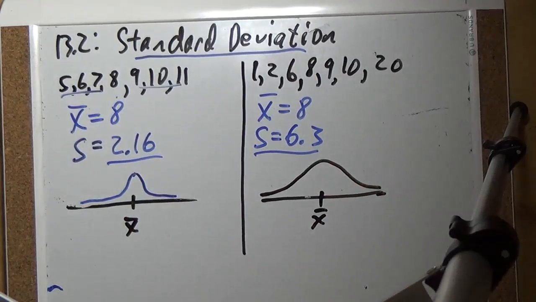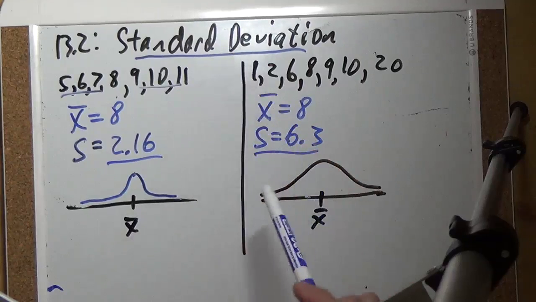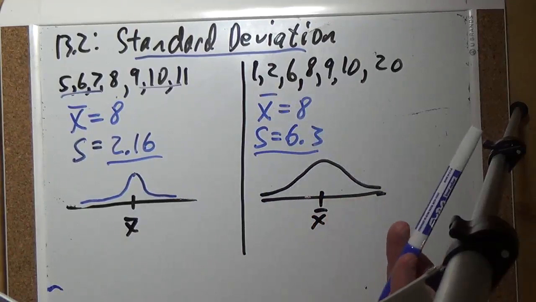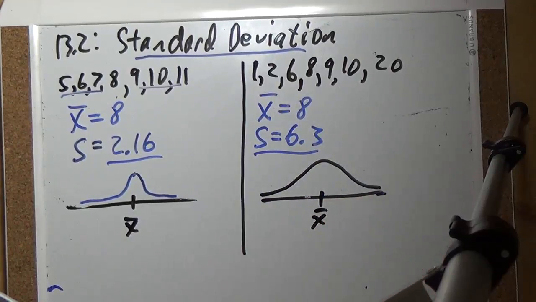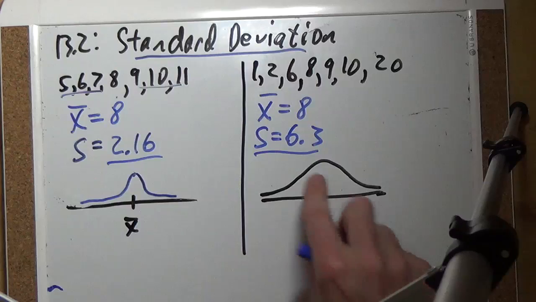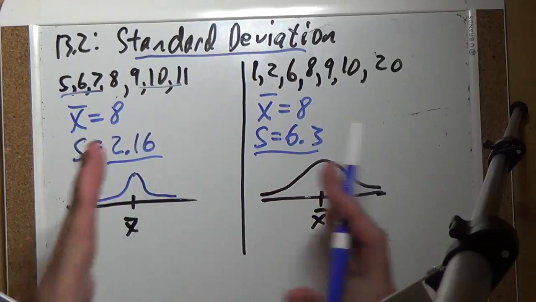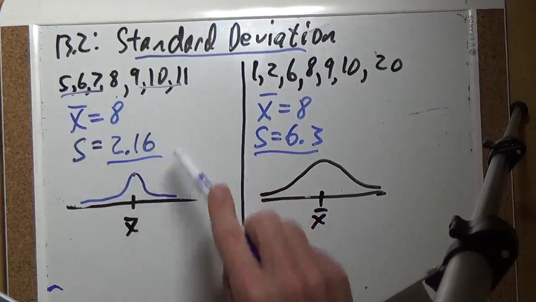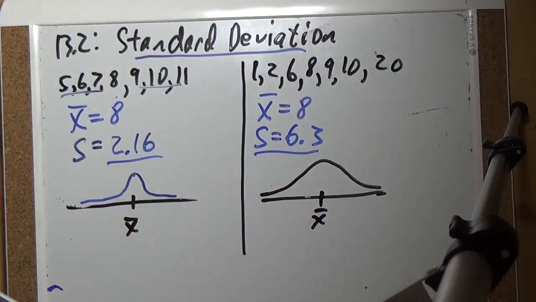So in this class, we're not going to be too worried about calculating it. I'll show you the website. I just typed in these numbers and it spit this out for me. We're going to be much more concerned with what do we do with these two together. That's a big part of statistics, is the mean and standard deviation working together.